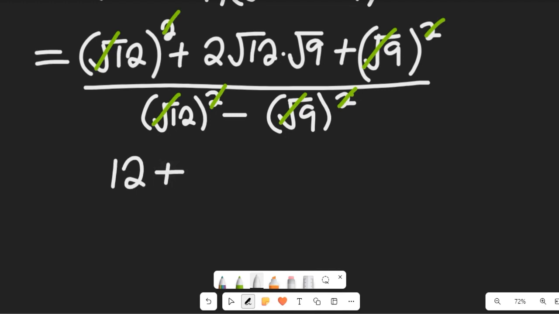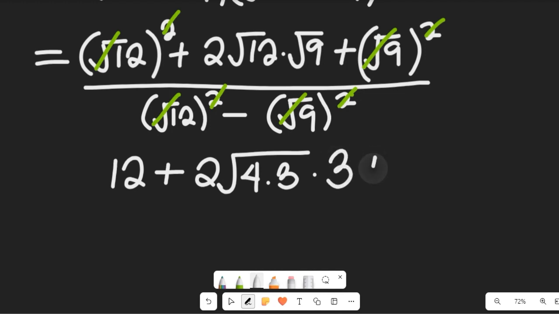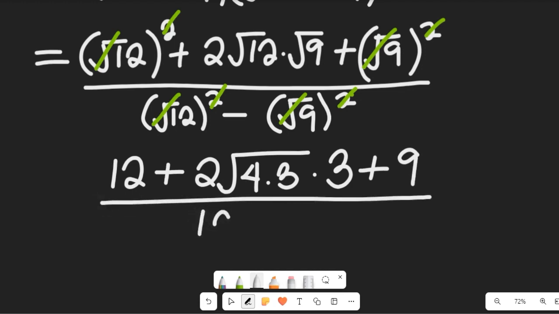plus 2 multiplied by 4 multiplied by 3, because 12 multiplied by the square root of 9, which is 3, gives this, plus 9. And all this will be divided by 12 minus 9.